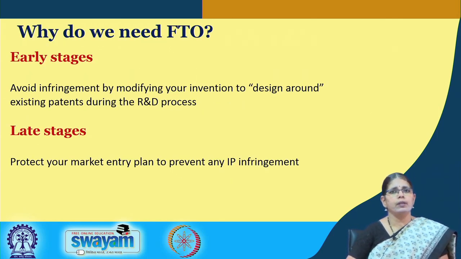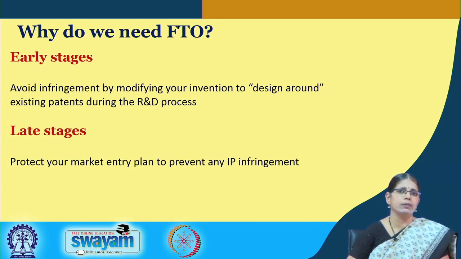So, why do we need an FTO? FTO is needed for two purposes at two stages. Typically, it is done before the entry into the market to prevent any issue with respect to infringement of IP. It is also at times done in relation to starting R&D.